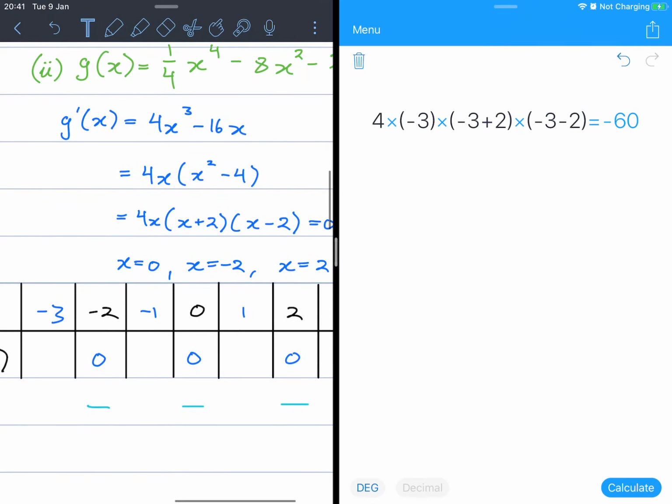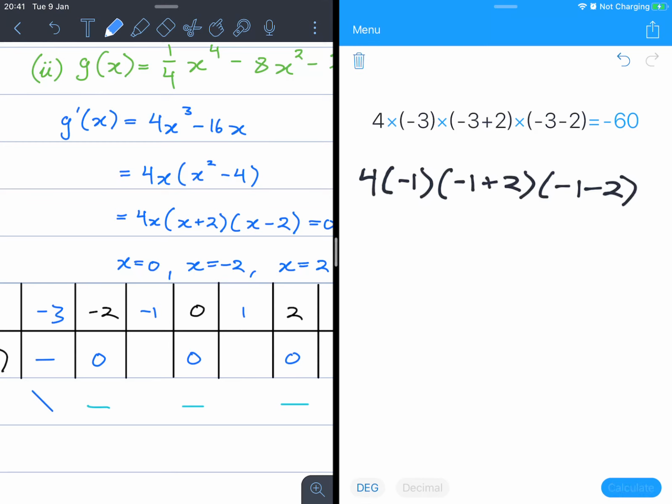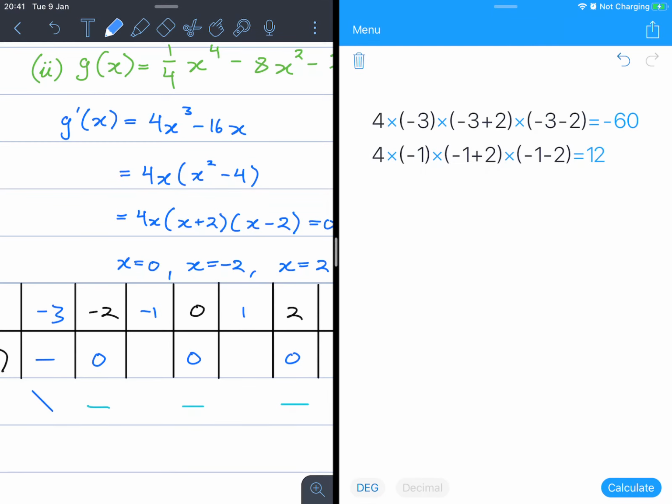That's a negative. So we know that's a decreasing point. Let's substitute -1. So 4 times -1, -1 plus 2, -1 minus 2. That gives us a positive value. That's increasing like so.